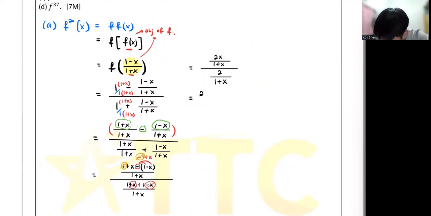We change it to times. The fraction on top divided by the fraction at the bottom. Okay, the divide changes to times. So this fraction on the right side will be flipped, up and down.